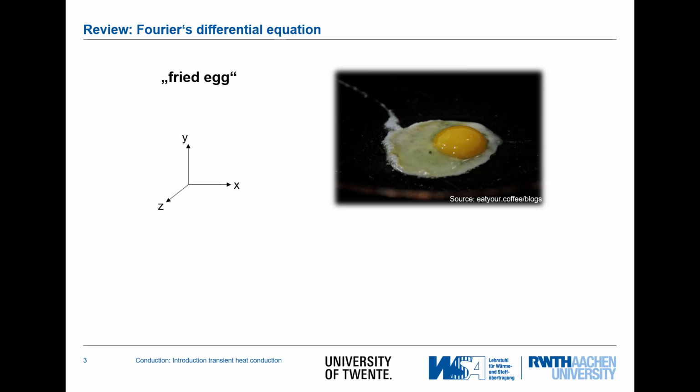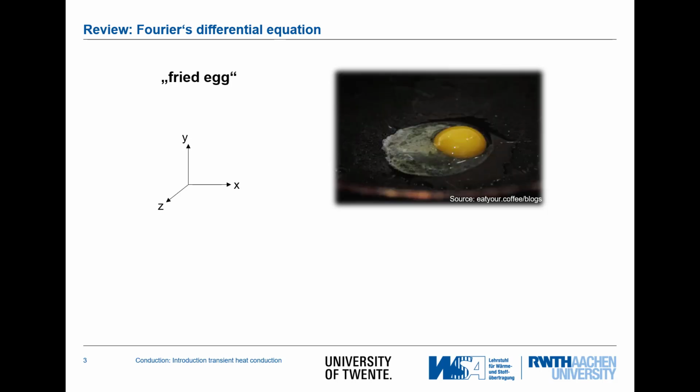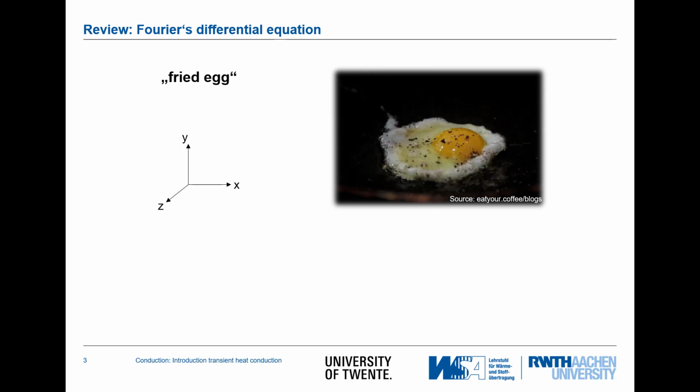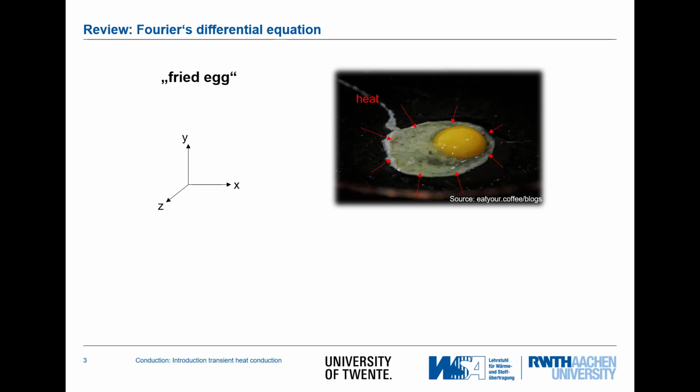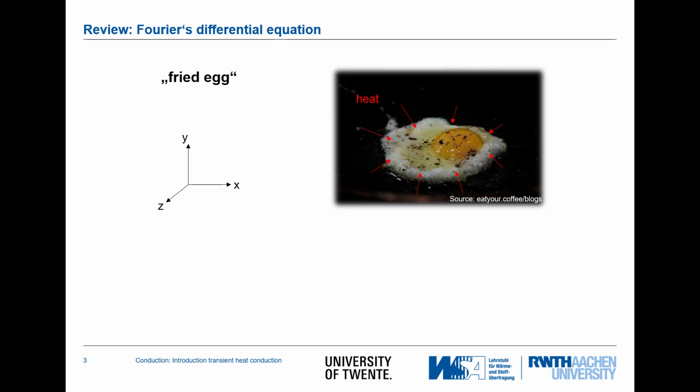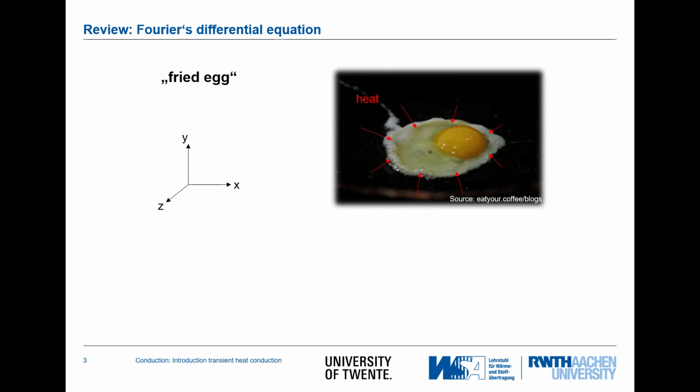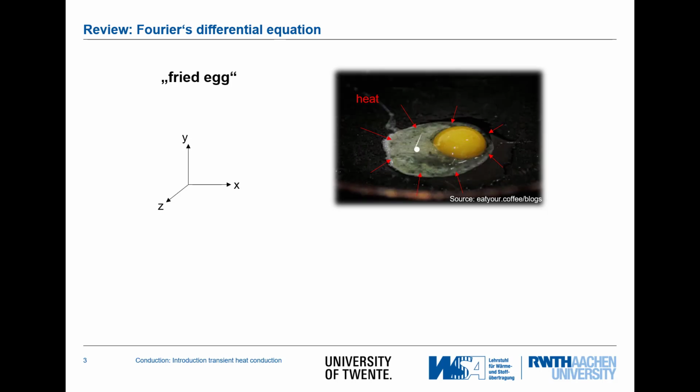So, let's review Fourier's differential equation and see what changes as soon as we introduce a time-dependent variable. So heat here in this example is brought into the egg, and of course the temperature of the egg increases up to the point when chemical processes are taking place and it becomes hard.